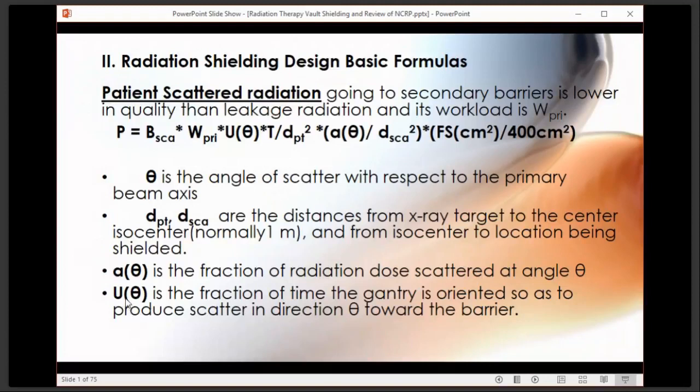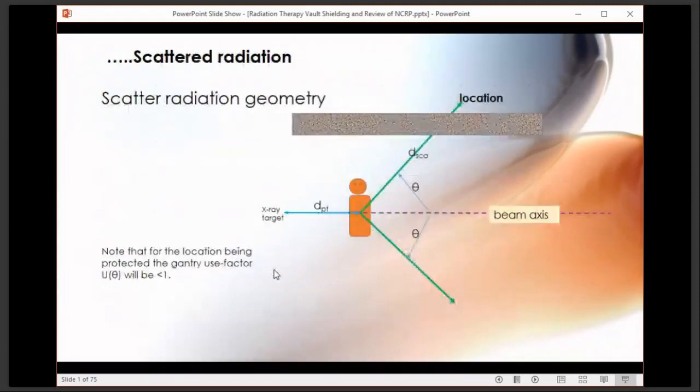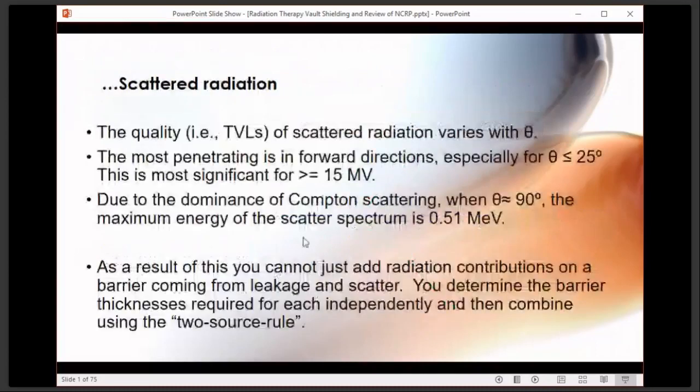I think the important thing here is that the fraction of radiation scattered is very directionally dependent, and the quality of radiation is also. So if we look at a table of scattered radiation showing its TVLs, you'll see that it's very much directionally dependent.